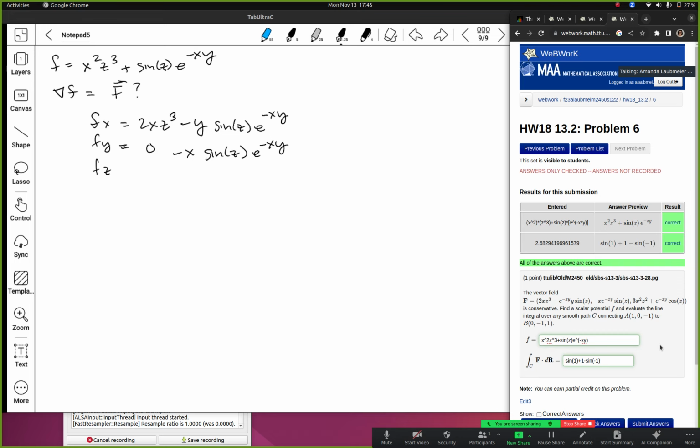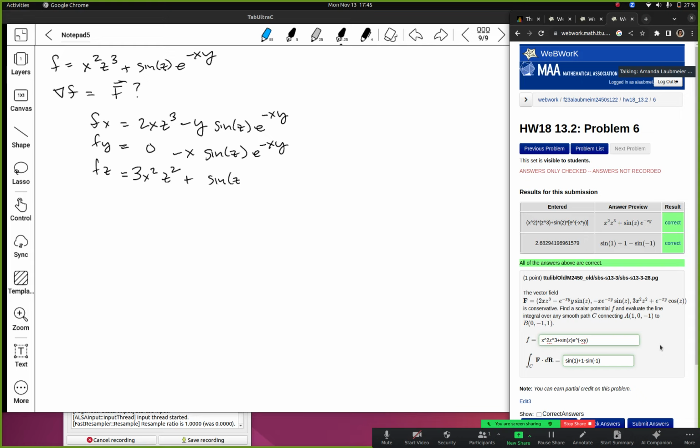And then taking derivatives of the third component, x squared is unchanged, it's a constant, but then the derivative of z cubed becomes 3z squared. And then since the integral of cosine is sine, I know that taking a derivative of sine doesn't throw a negative.